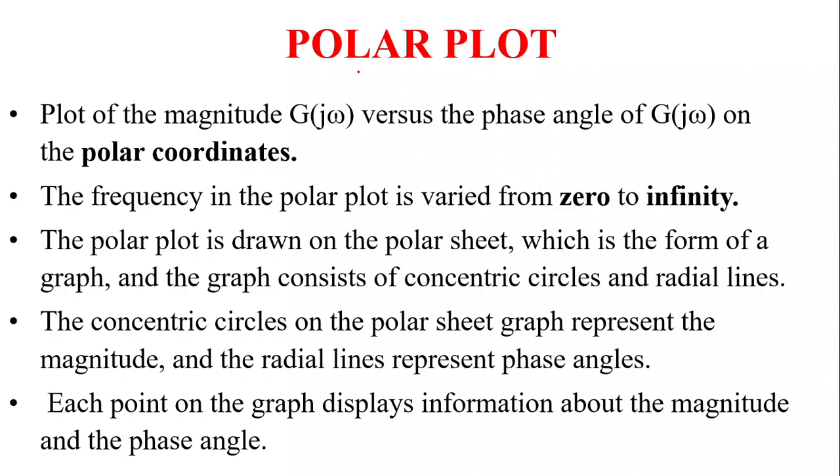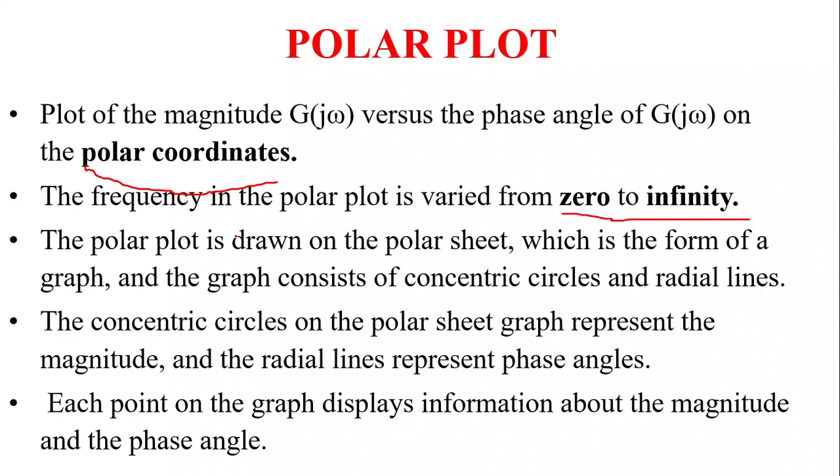First, what is meant by a polar plot? Generally, a polar plot is a plot drawn between the magnitude of G(jω) versus the phase angle of G(jω) on polar coordinates. The frequency in the polar plot generally varies from 0 to infinity.